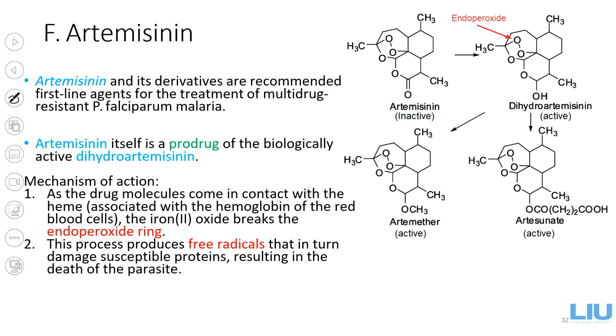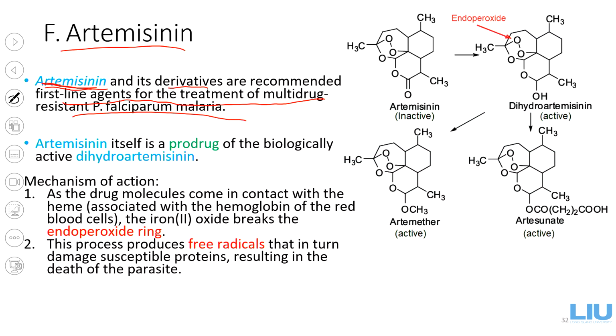Okay, the next one is artemisinin. Artemisinin and its derivatives are the recommended first-line agents for treatment of multi-drug resistant falciparum. So when you have malaria that's resistant, then you would consider artemisinin and its derivatives as the first-line treatment.